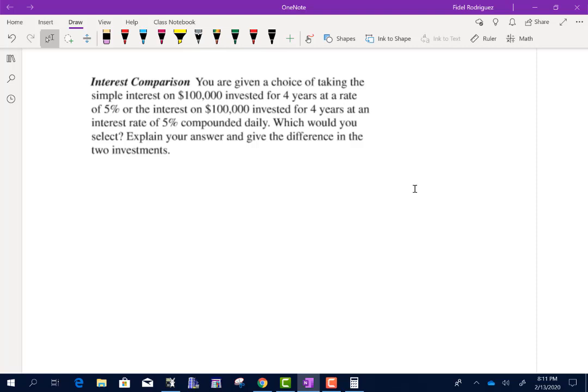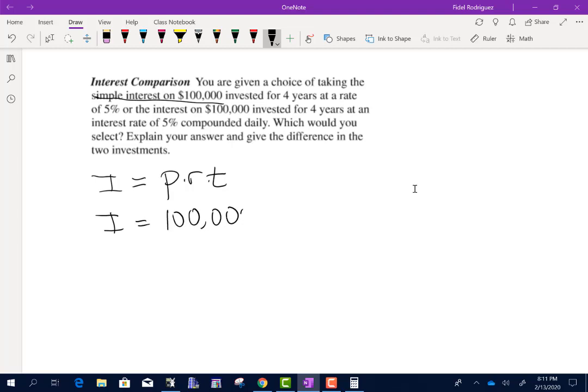Okie dokie. Okay, so look at the first one, simple interest. Okay, guys, so simple interest, if you remember from 10.2, I equals P times R times T. They got $100,000. Interest rate is 5%, 0.05, for 4 years, times 4.